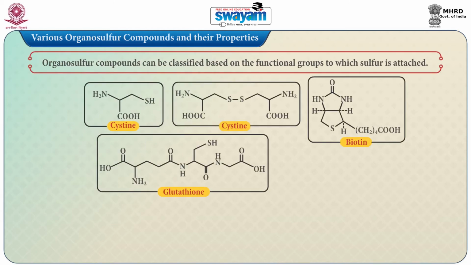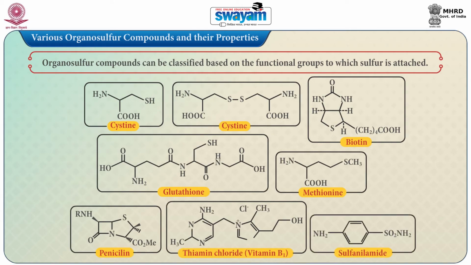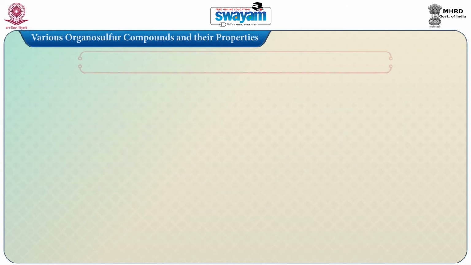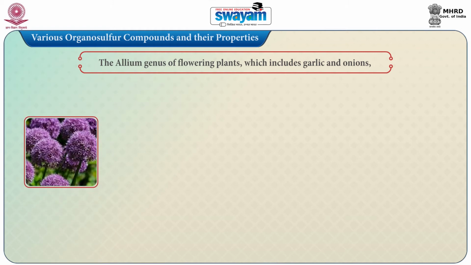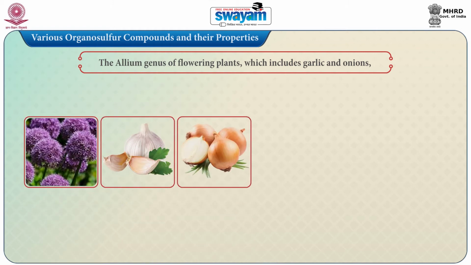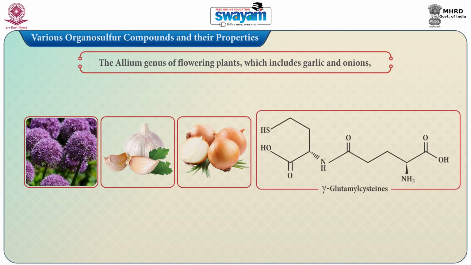Organosulfur compounds can be classified based on the functional group to which sulfur is attached. The Allium genus of flowering plants, which includes garlic and onions, contains important compounds such as cysteine sulfoxides and gamma-glutamylcysteines.